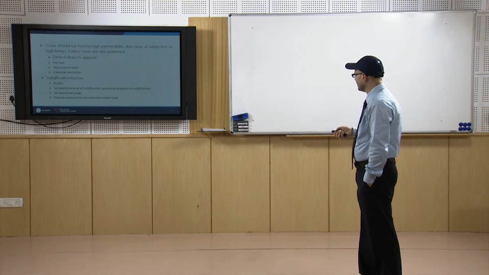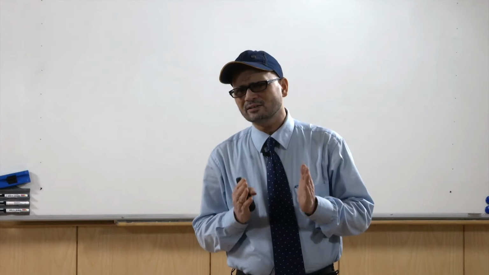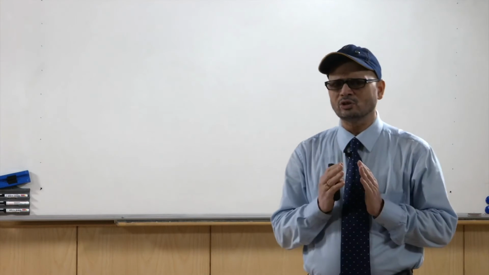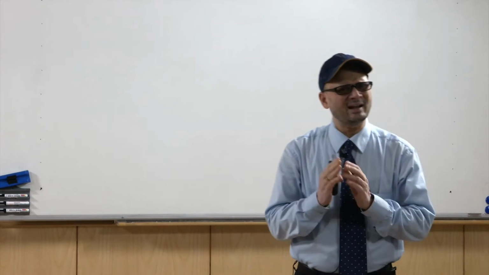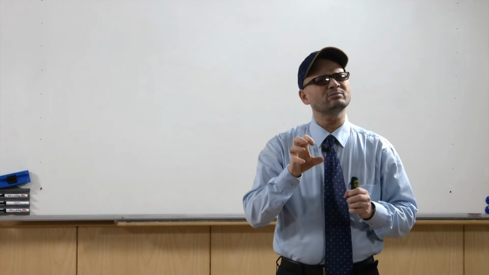Metal penetration. As we know, it is basically because of the coarse grains used to prepare the mold. Metal penetration also depends upon the temperature of the melt and the pressure of the melt.